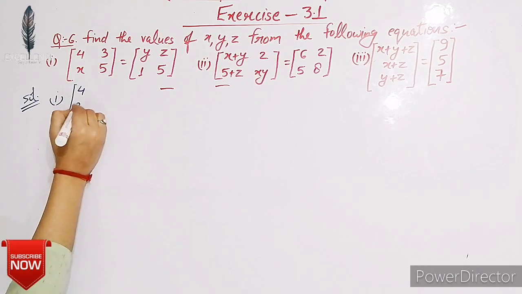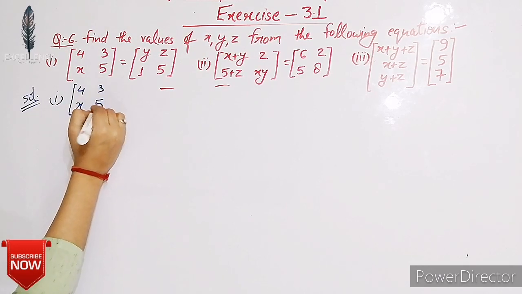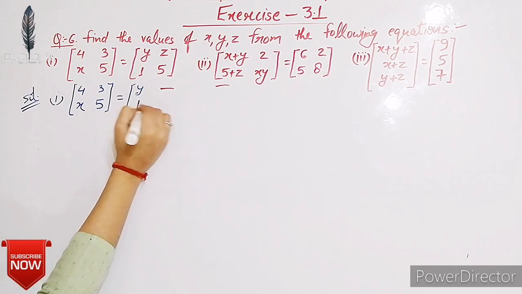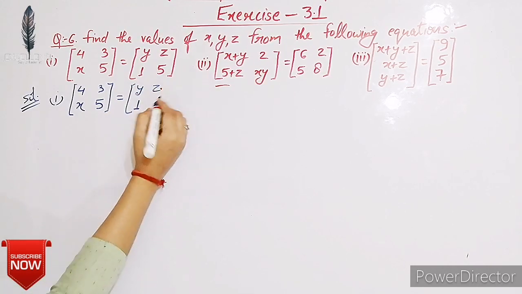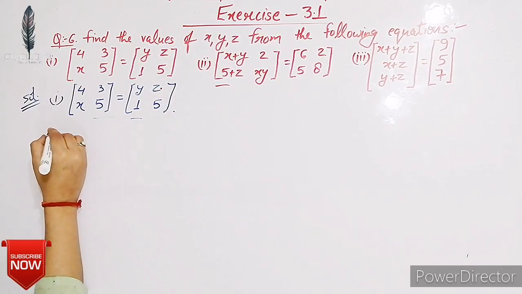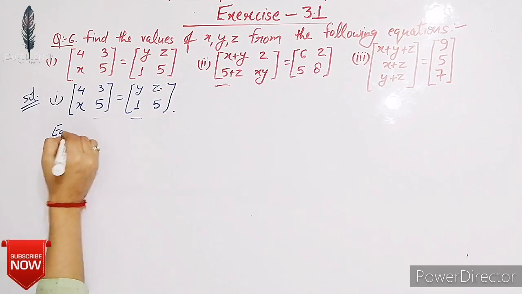First part is the matrix 4, x, 3, 5 is equal to another matrix y, 1, z, 5. We have to know that for equal matrices their corresponding elements are equal.